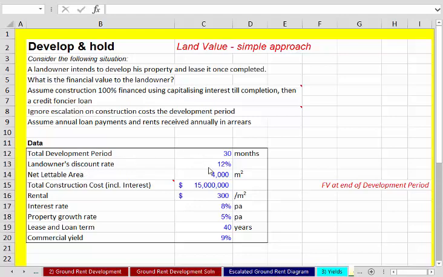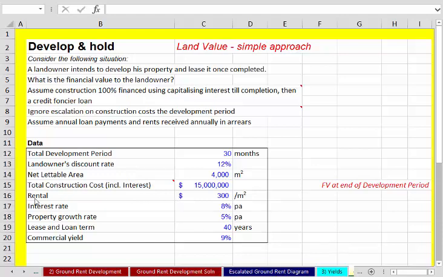Now, the data in here will look fairly familiar. Most of these items we've seen before, with the exception of the fact that in this second exercise, where we were looking at development, we simply looked at a property rental at the end of the development period, because that was something that the investor was going to look after.